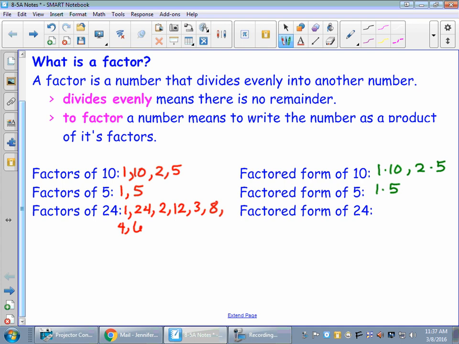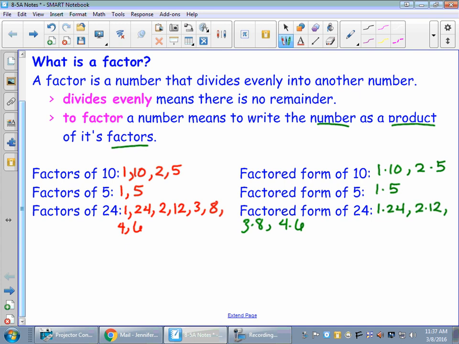And the factored form of 24, I could technically take all of those factors and write it as 1 times 24, or 2 times 12, or 3 times 8, or 4 times 6. Those are all factored forms of 24, because the definition says it's writing the number as a product of its factors. So all of those are products, multiplication problems, that equal 24 or equal 10.